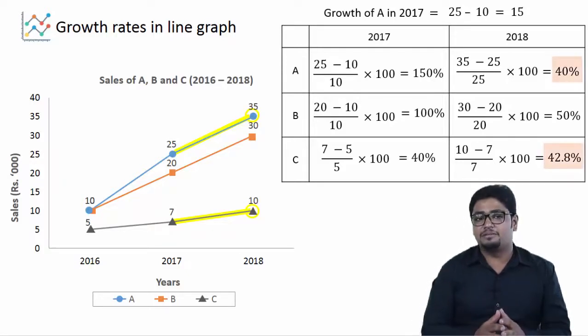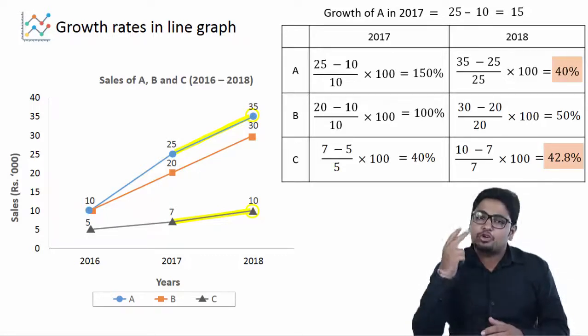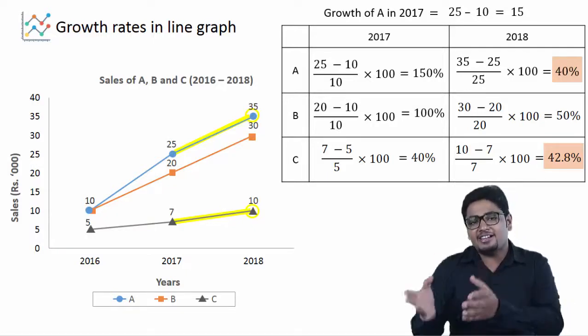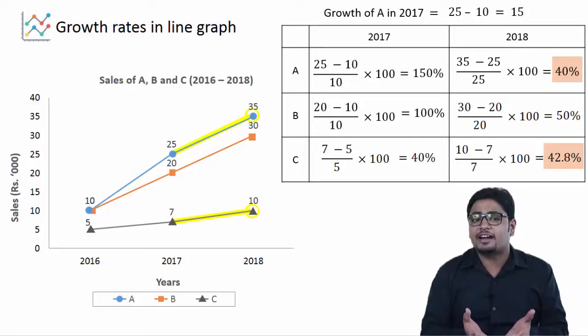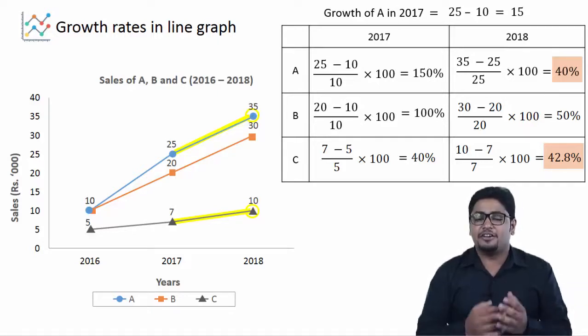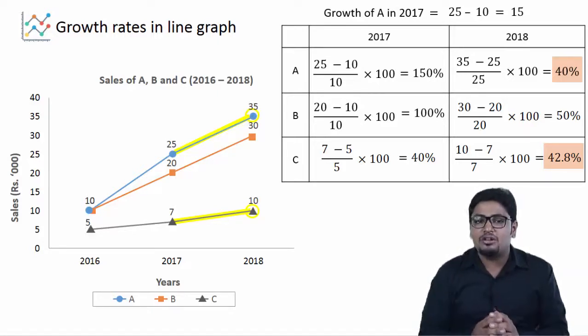Look in the table, 40% and 42.8%. The difference is marginal. So, there are two factors, base and slope, and you have to answer depending on which of the factors is prevalent. If both factors are equally strong, then do the calculation.